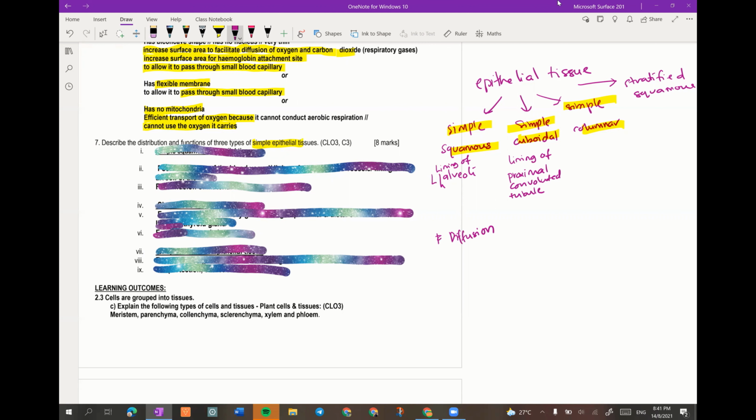Atau distal convoluted tubule, ataupun you boleh cerita pasal glands ni sebab gland akan secrete hormone kan contohnya. And then so function dia adalah untuk secretion and absorption.